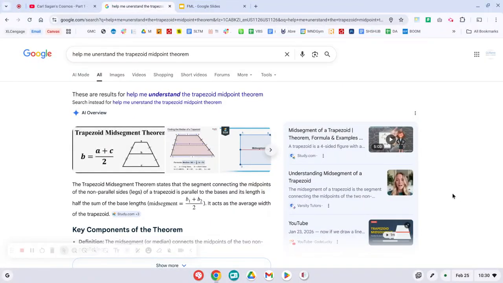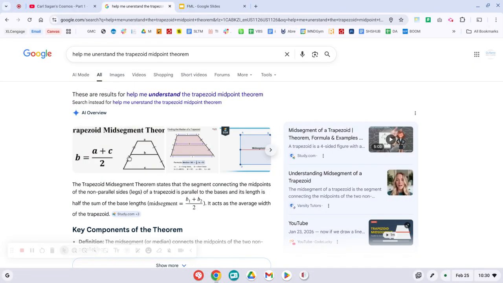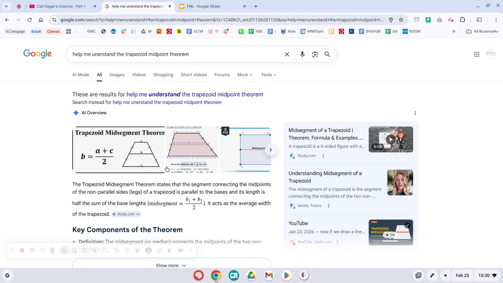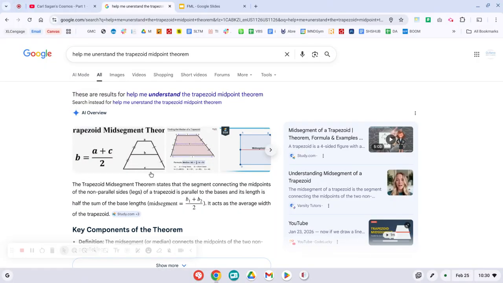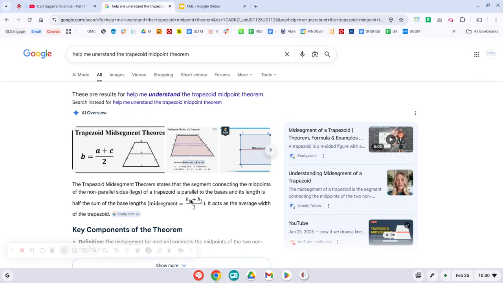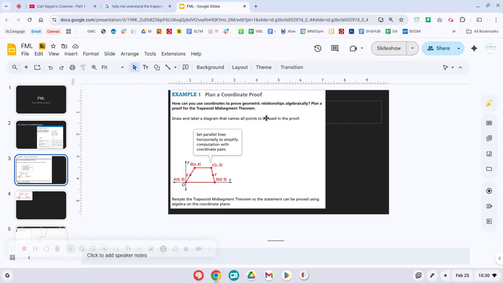This is how you do it. Well, the trapezoid midpoint theorem states that the segment connecting the midpoints is both parallel to the bases, and what happens when you add 2 things and divide by 2? What's that called? It's the average of the 2 bases. So that's what we have to show.